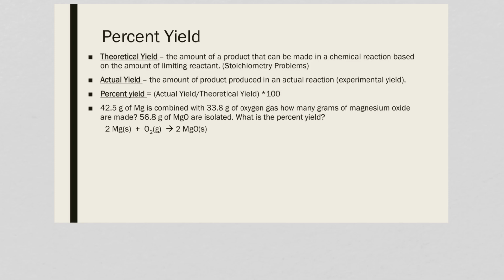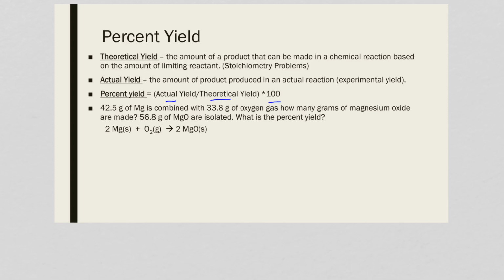And then we have the percent yield, which is a way that we can show how well we did, which is the actual yield divided by the theoretical yield times 100, to put it in terms of a percentage.